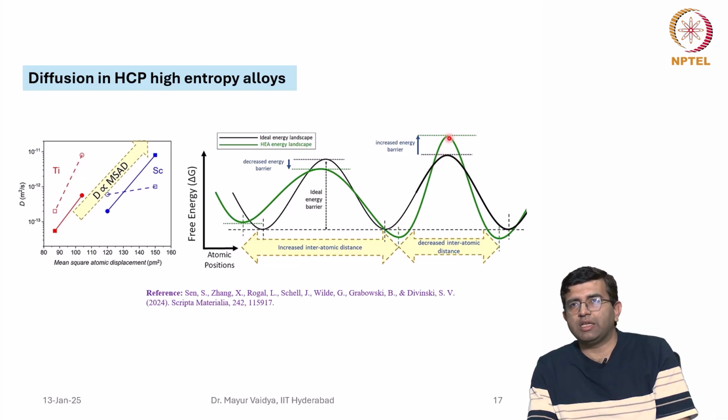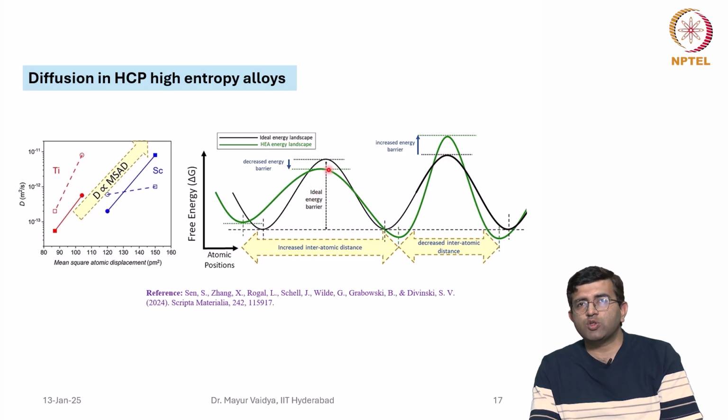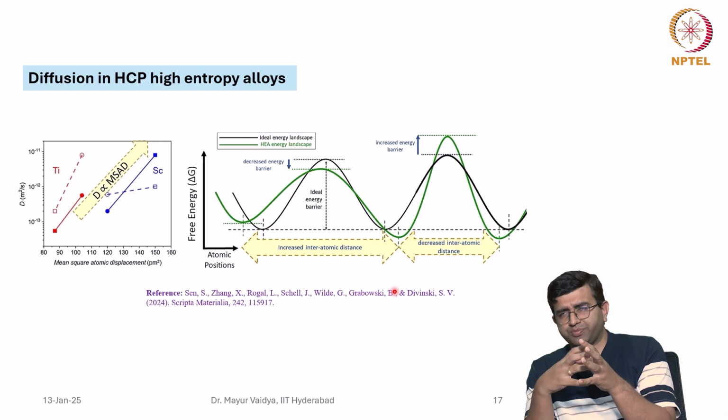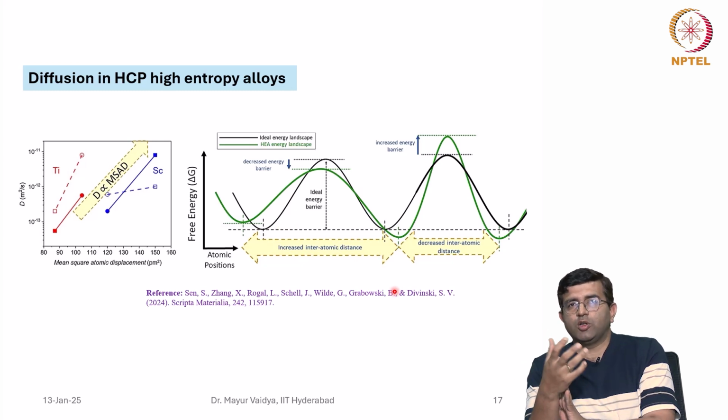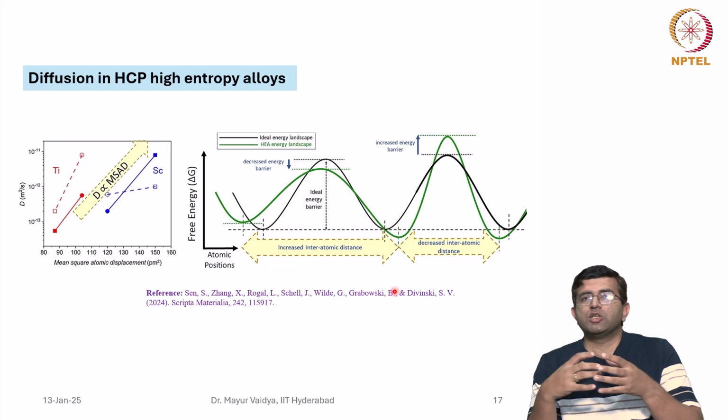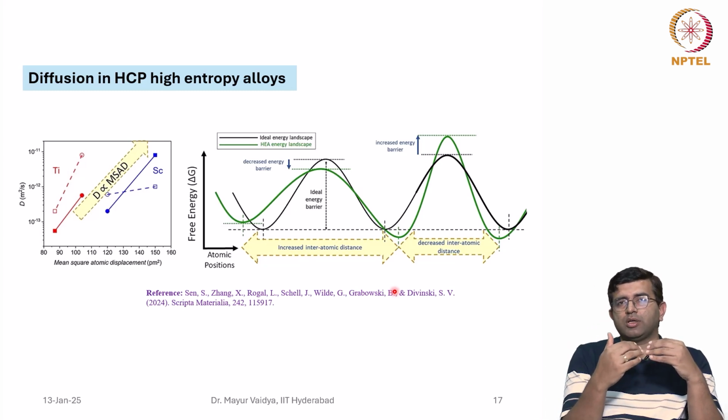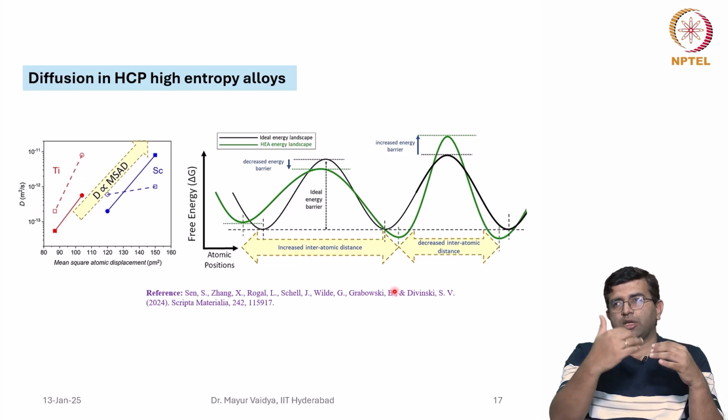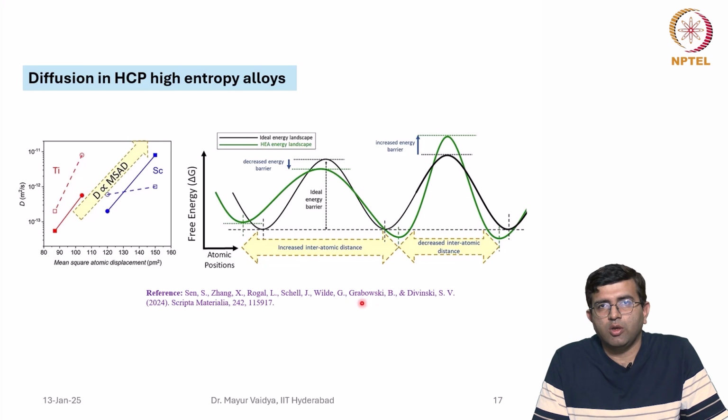So you can have an increased energy barrier, but you can also have a situation where the energy barrier is decreased as compared to the ideal energy landscape. Depending on the energy barriers, this also leads to a change in the interatomic distances, and hence the diffusion behavior can also be different. So that's why it is not necessary that your diffusion is always going to be lower.